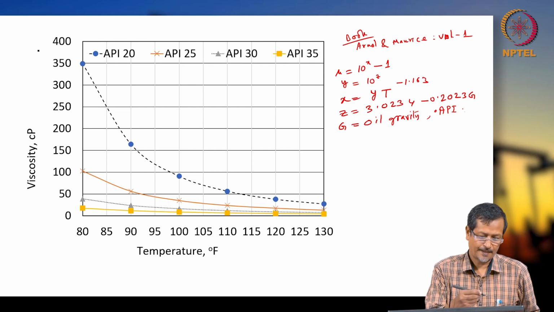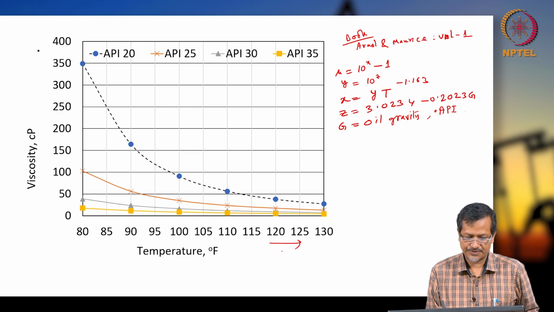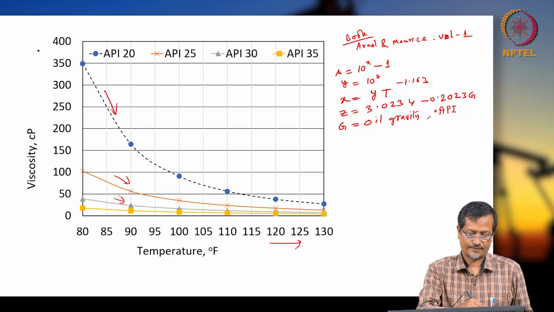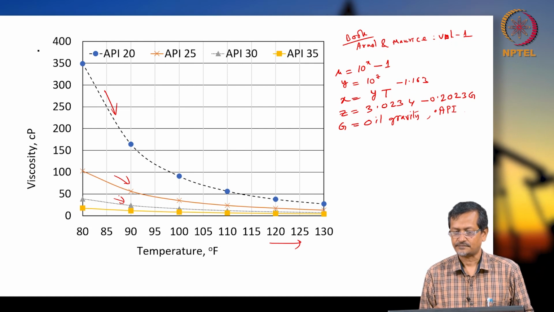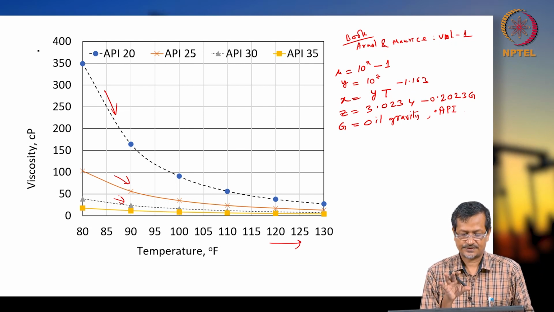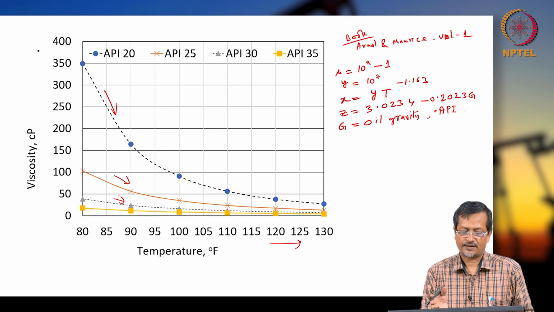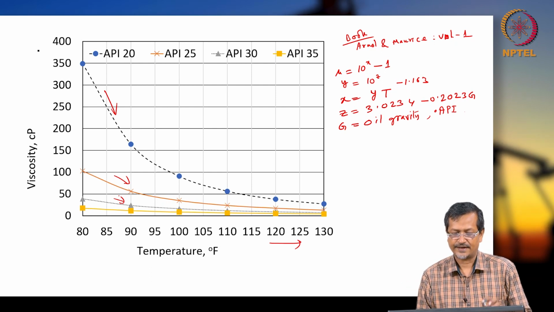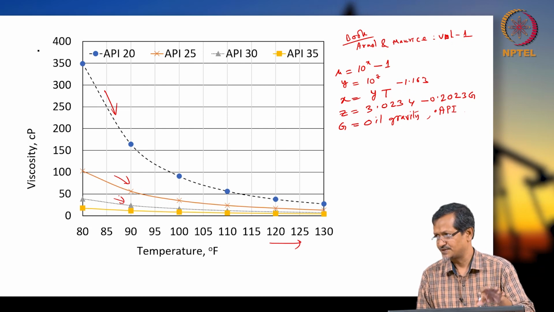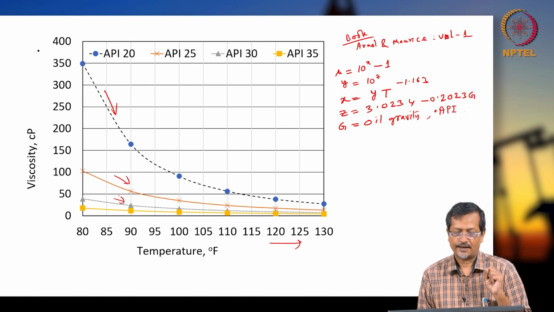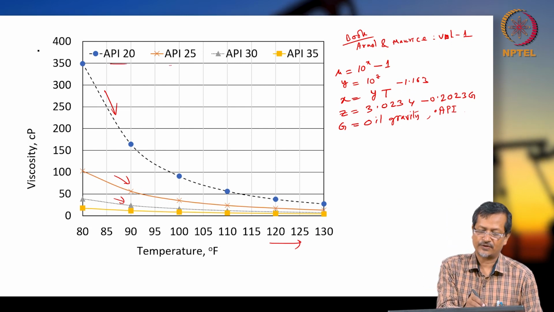You can see that if you increase the temperature, your viscosity goes down. You can use this chart for your next calculation. In the exam, maybe I can give this figure and ask you to take viscosity from it based on your temperature and API gravity, and I have drawn it for different API gravities also.